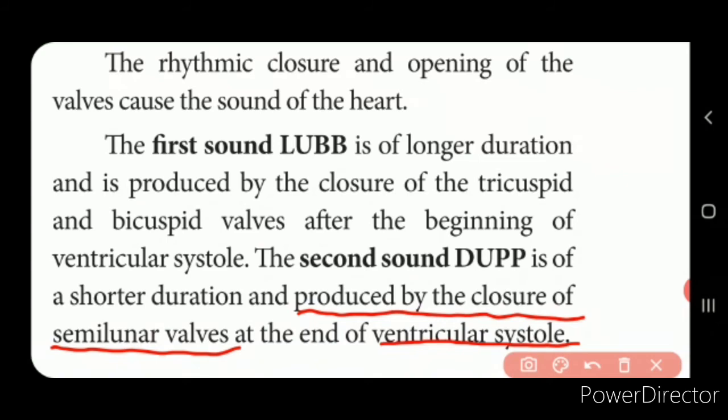The second sound arises after the ventricular systole has completed, and this is due to the closure of the semilunar valve, because we said that there are two types of valves: the tricuspid valve and bicuspid valve, present in the right atrioventricular opening and the left atrioventricular opening, and the semilunar valve that is present in the pulmonary artery and the aorta.